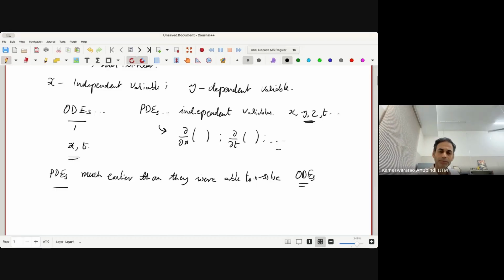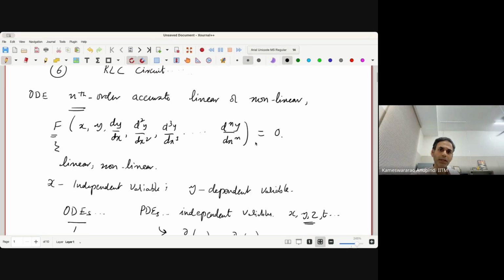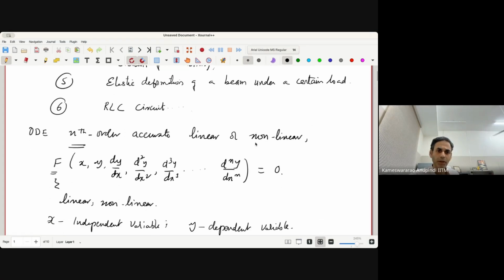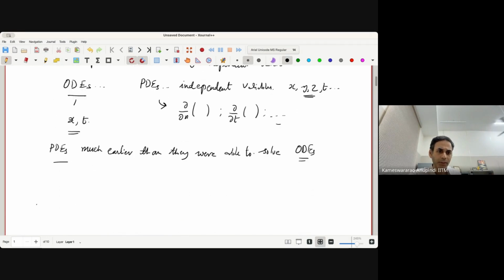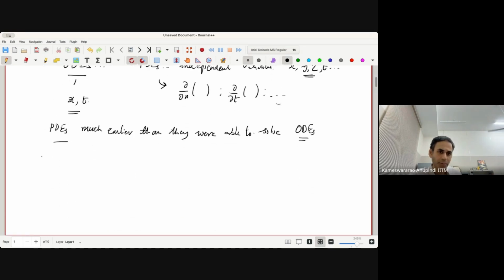Now we have seen what an ODE is. Of course, we said it is either linear or non-linear. Let me write down a few examples of ODEs, and then you can help me tell whether these are linear or non-linear ODEs. In the context of algebraic equations, we already have seen what a linear system and a nonlinear system are. But what is it in the context of ordinary differential equations?